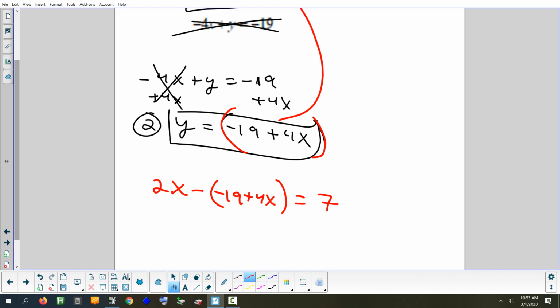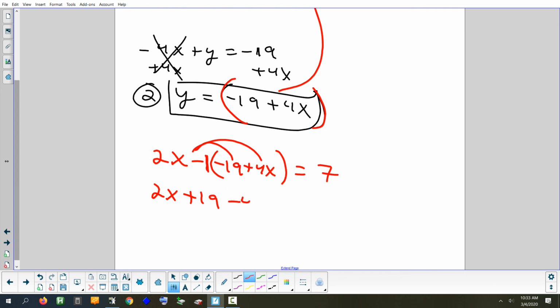Now, what are you really distributing when it's just a minus? A negative sign. It's like you're distributing just the negative, like a negative 1. What's negative 1 times negative 19? 19. So it just changes the sign. What's negative 1 times 4x? Negative 4x.